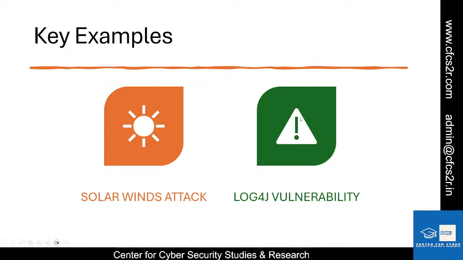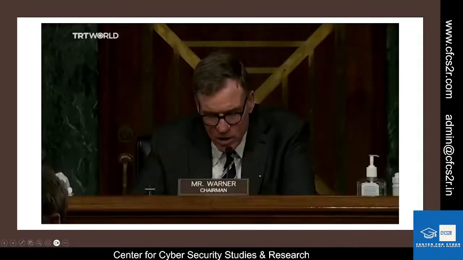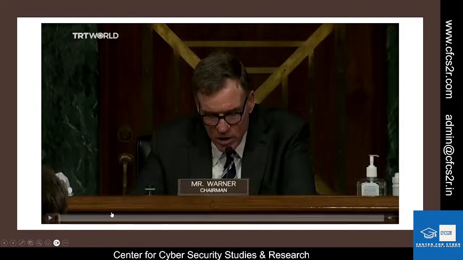Specifically, the SolarWinds attack is a pure supply chain attack, and Log4j is not a pure supply chain attack, but the impact is because of the supply chain. I have found a very good video for you, and I would like to play this particular video. Please watch it with full focus. Okay.